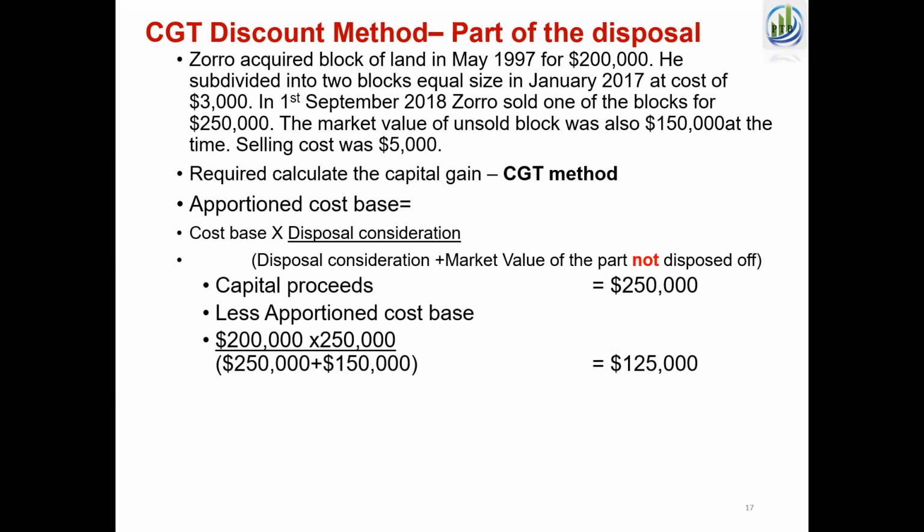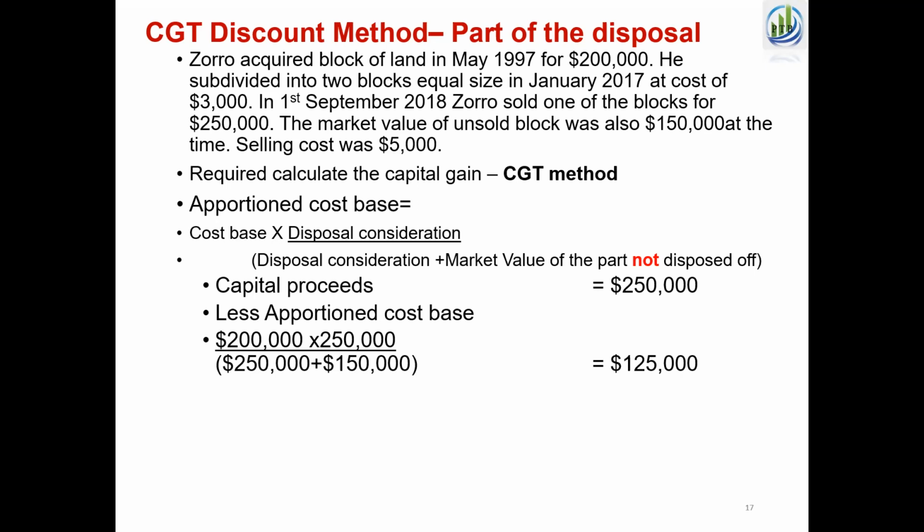plus the market value of the part of the property not sold, 150,000. So it's 250 plus 150, 400, and 200 times 250 over 400 is 125,000, your cost base. So that is how we calculate this: based on the value of the property, what is the cost for that particular land portion.